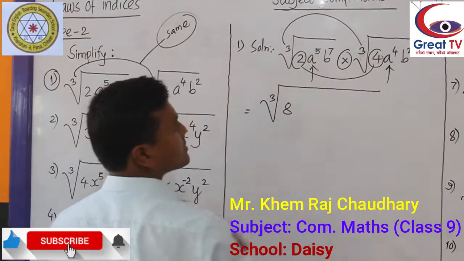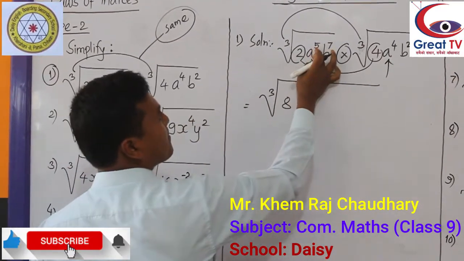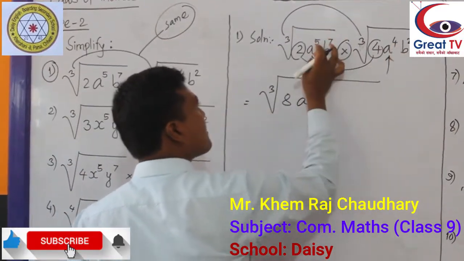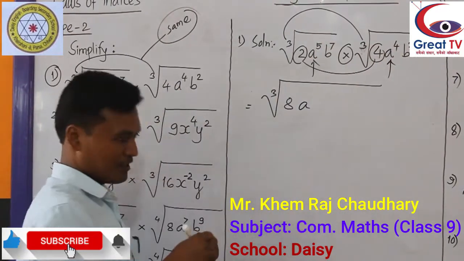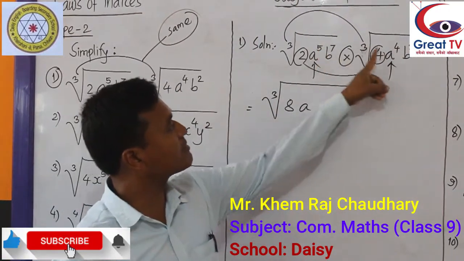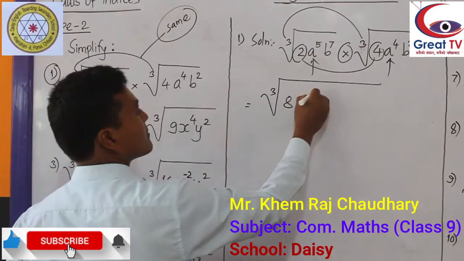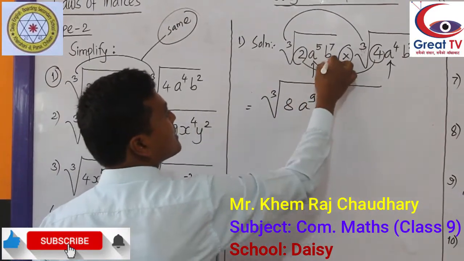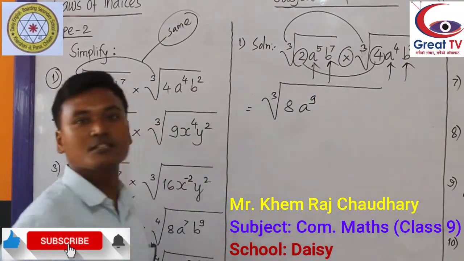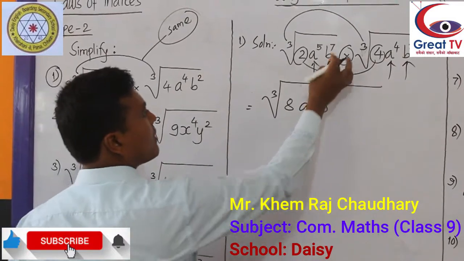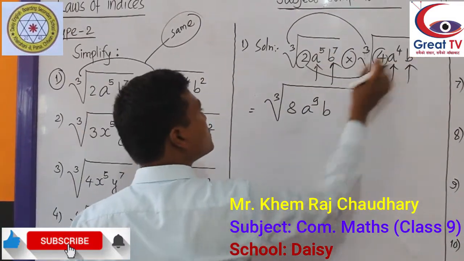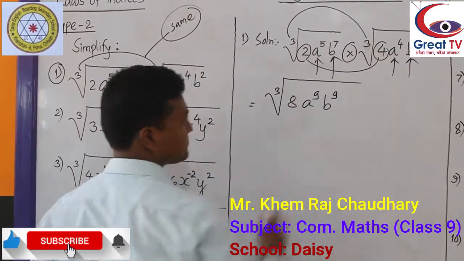A is the same base, so we have a single a. Here is the power 5 and here is the power 4. In multiplication we add the powers: 5 plus 4, 9. And b is the same base. Using the same concept, b to the power 7 plus 2, 9.